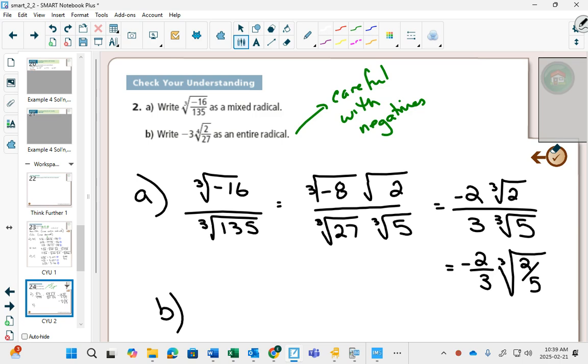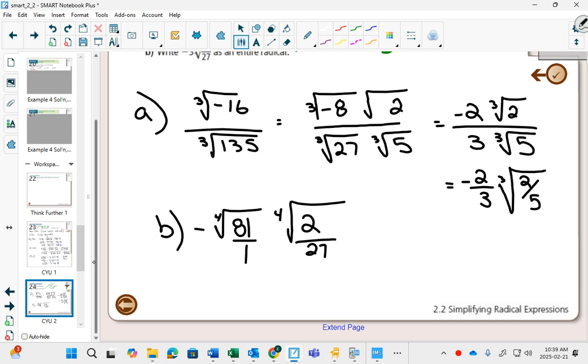If the negative is outside and it's a square root, a fourth root, any even root, you can never put a negative inside of a square root. So in this example, this negative is going to stay on the outside. But the first thing we're going to do is we're going to change our 3 to a fourth root. Again, we go to our powers chart. 3 to the power of 4 is 81.